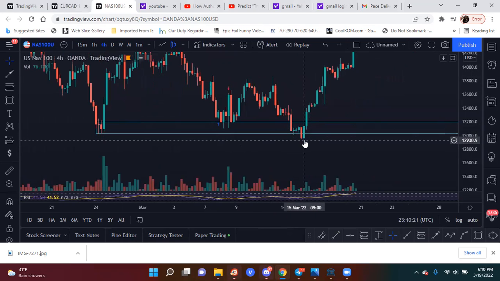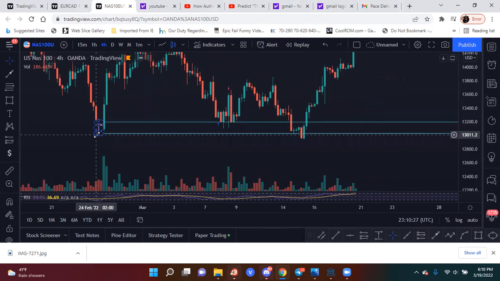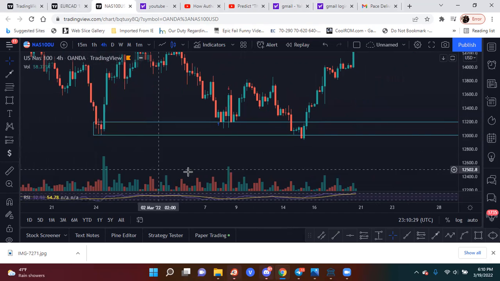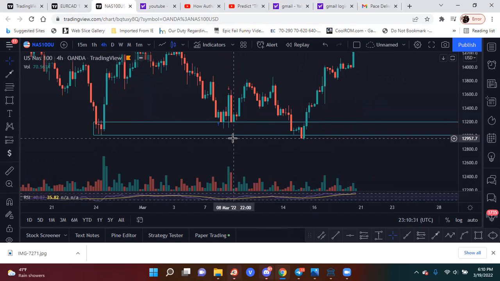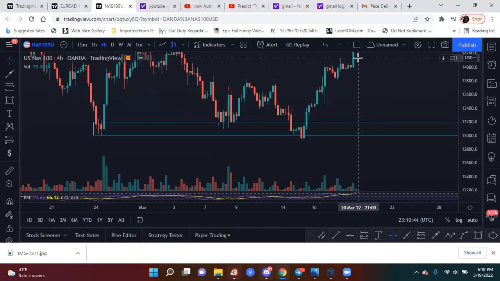I know people that were selling, oh, this is a break and retest. It broke structure. No. What happens is it comes into these zones like this, and it's like a liquidity grab. Because it wicks, it traps sellers and wicks out buyers that had their stop loss too low. And then the market reverses.